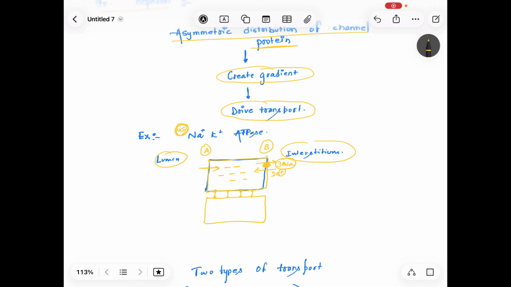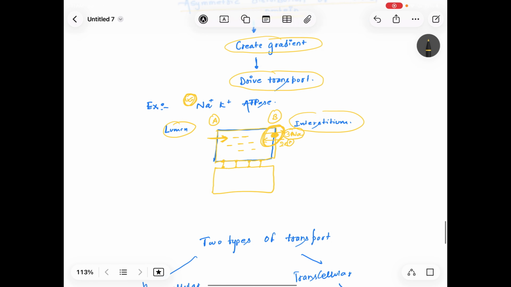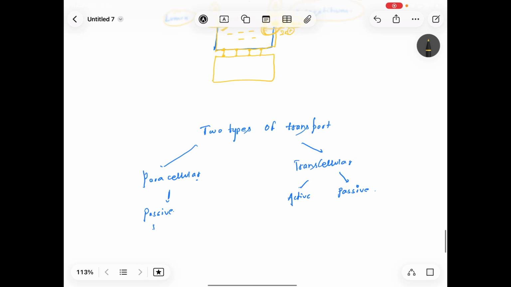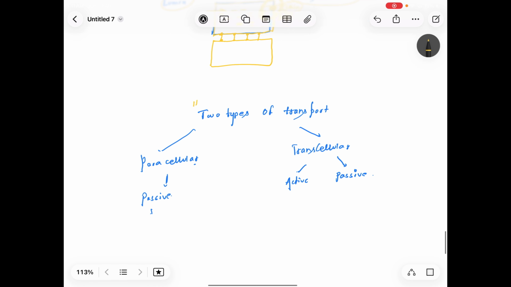So because of asymmetrical distribution of this channel protein, it created a gradient which helps to bring the positive ion inside the cell. Now we will discuss the 2 types of transport occurring inside all the cells of the nephron.